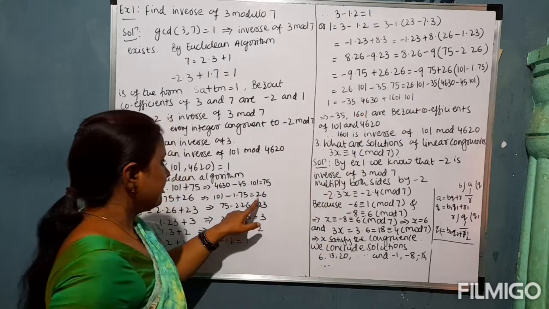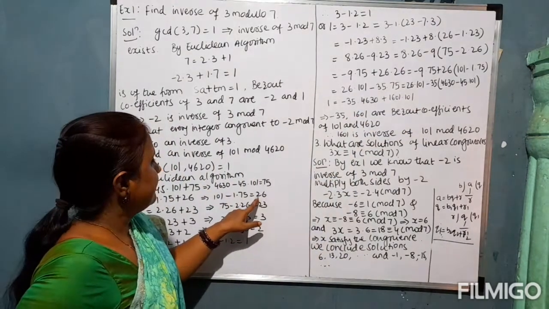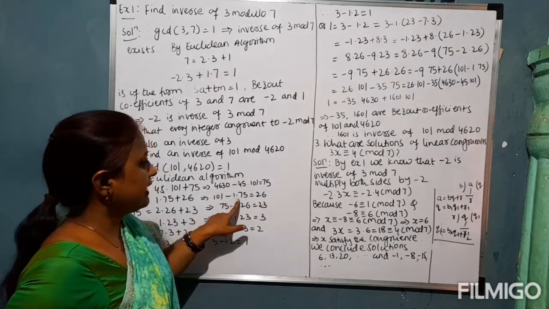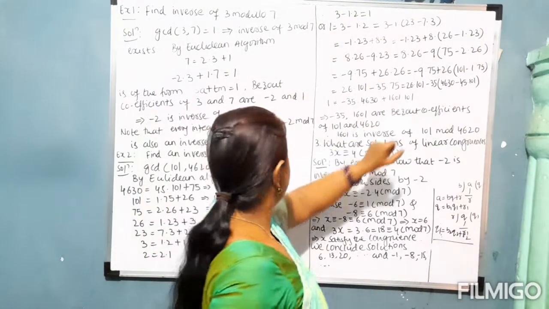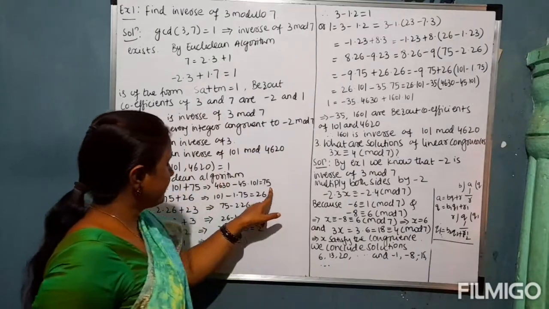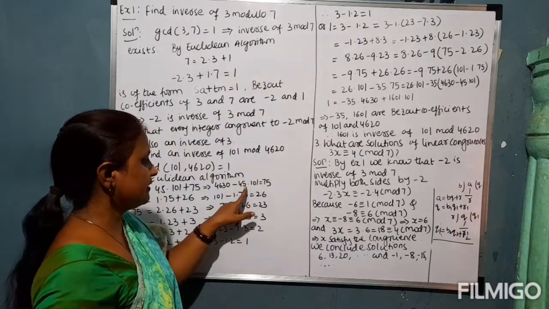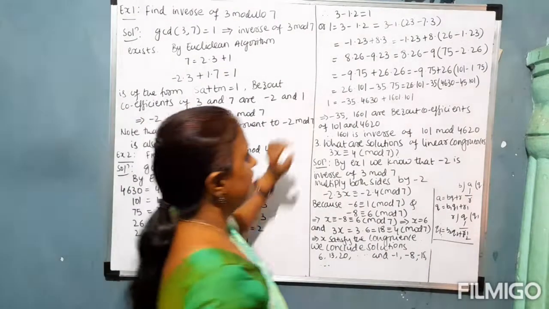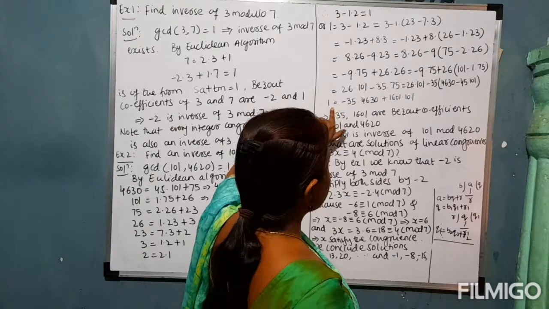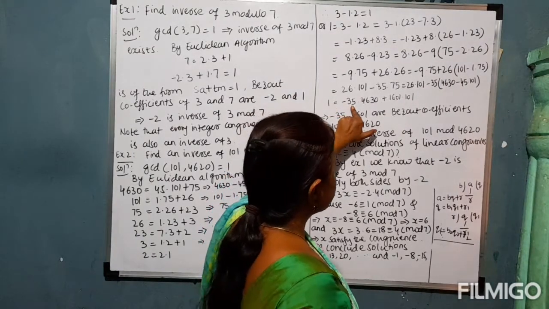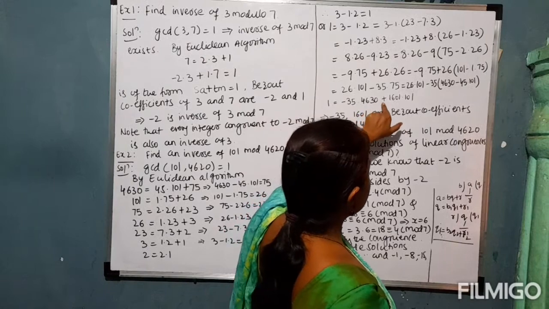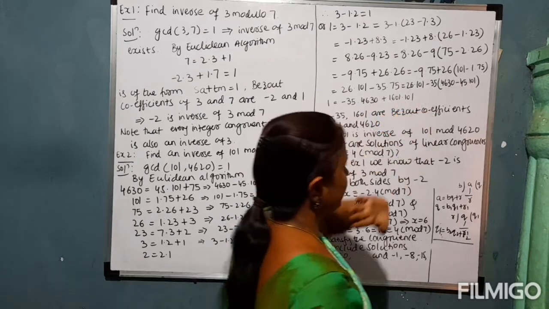Again 26 is replaced by 101 minus 1 into 75. Next 75 is replaced by 4620 minus 45 into 101. So lastly we get 1 equal to minus 35 into 4620 plus 1601 into 101.